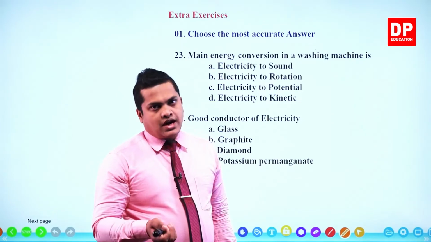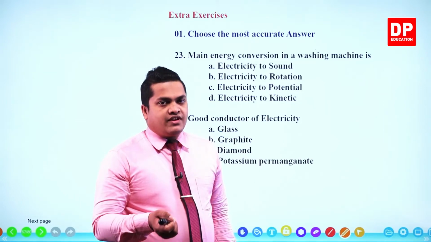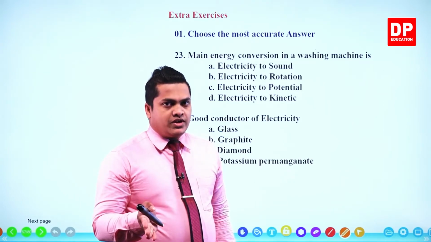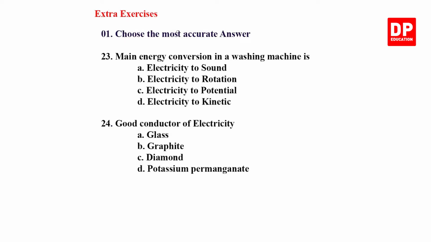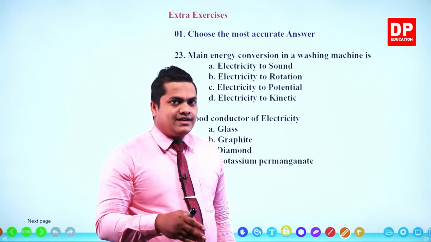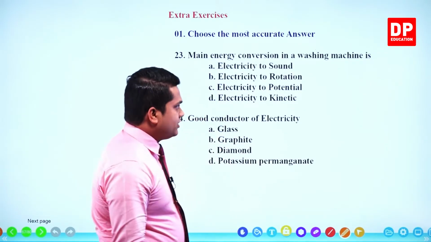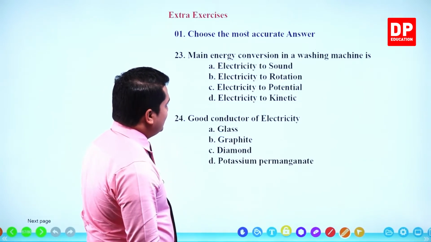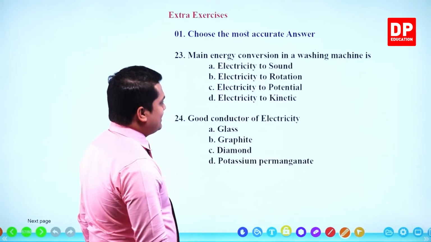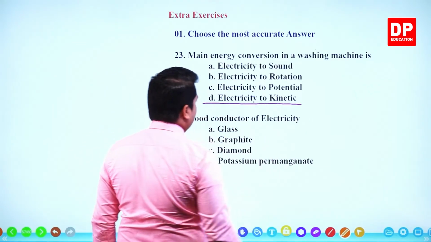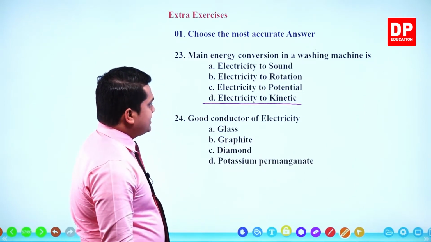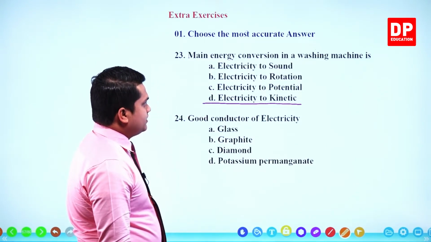Moving means kinetic energy. If anything is going to move from one place to another, then the energy involved is kinetic energy. So my dear children, electricity is the one which is being provided. So electricity is getting converted to kinetic energy here.